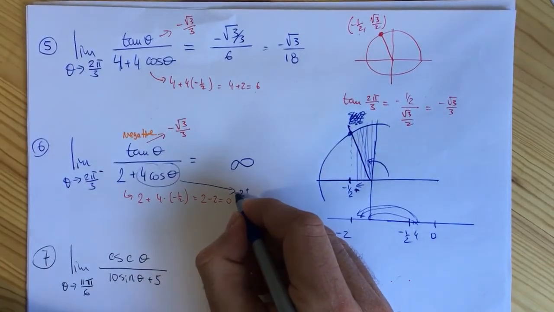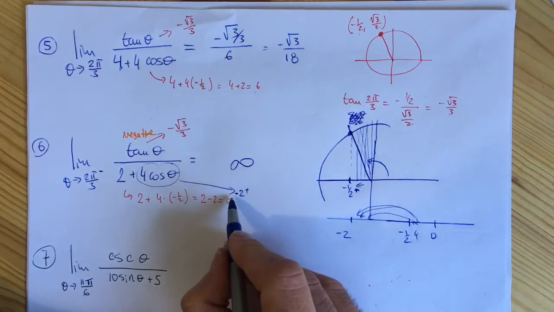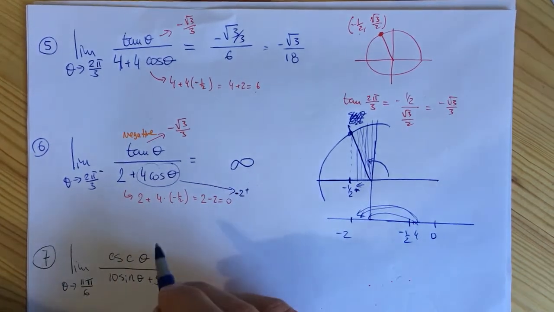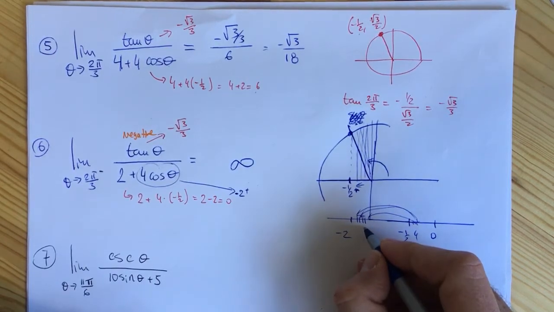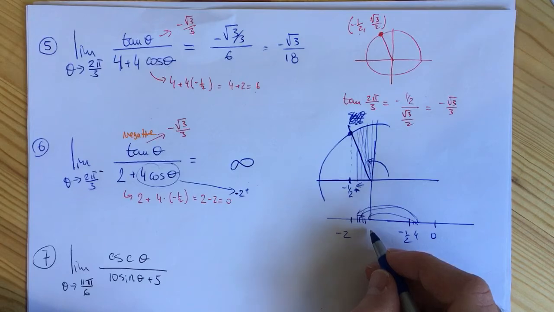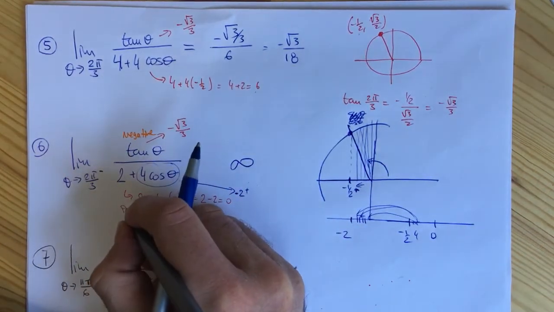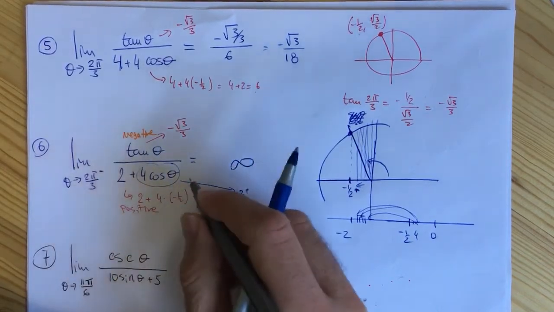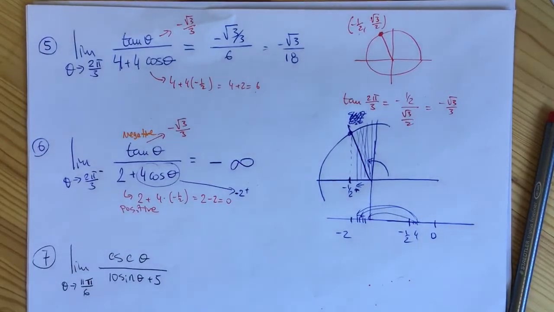So 2 plus a value approaching negative 2 from the right is going to be very close to 0, but positive. For example, take negative 1.999: plus 2 is very close to 0, but positive, which means the denominator is positive. And negative divided by positive is negative infinity.